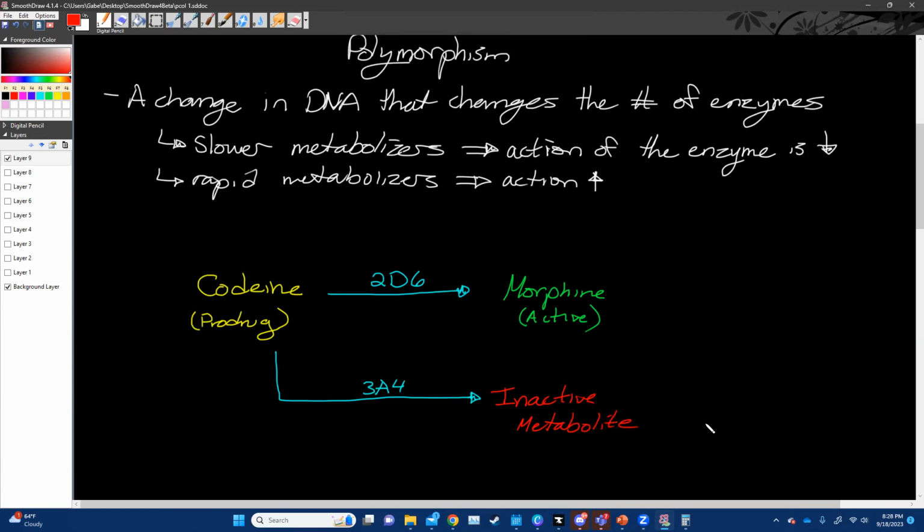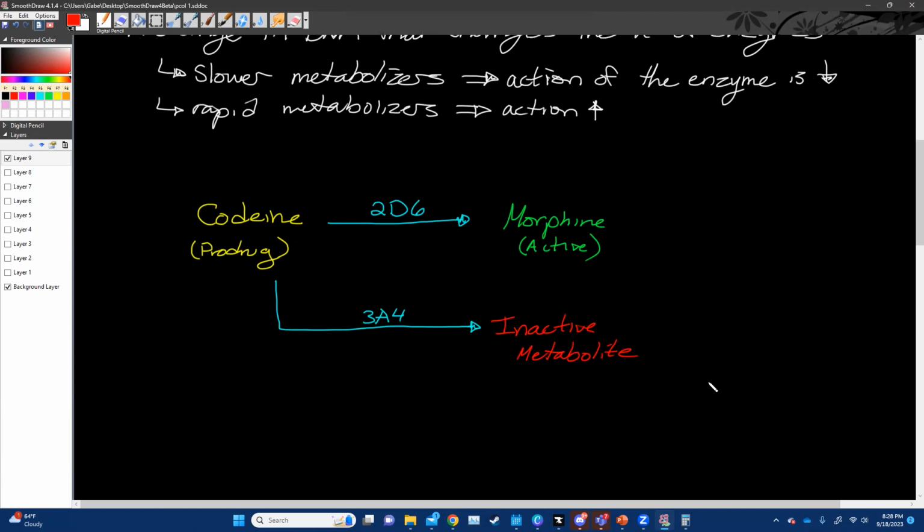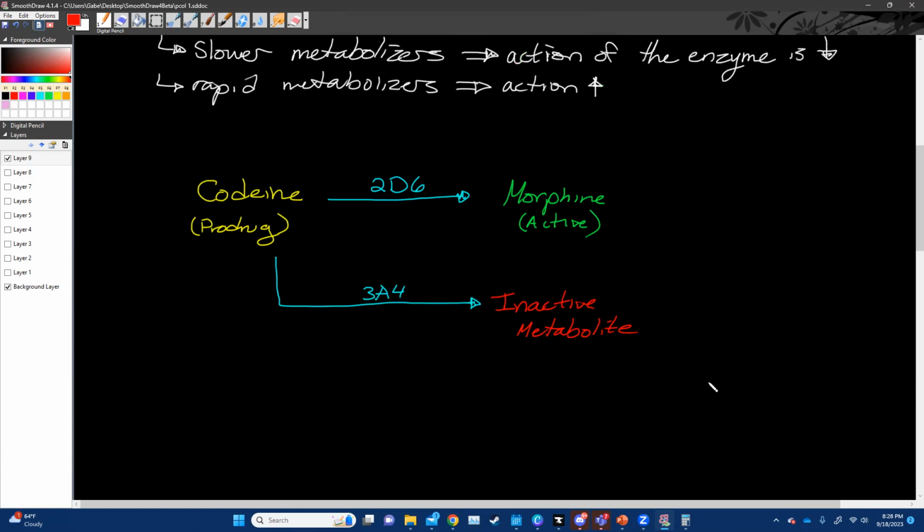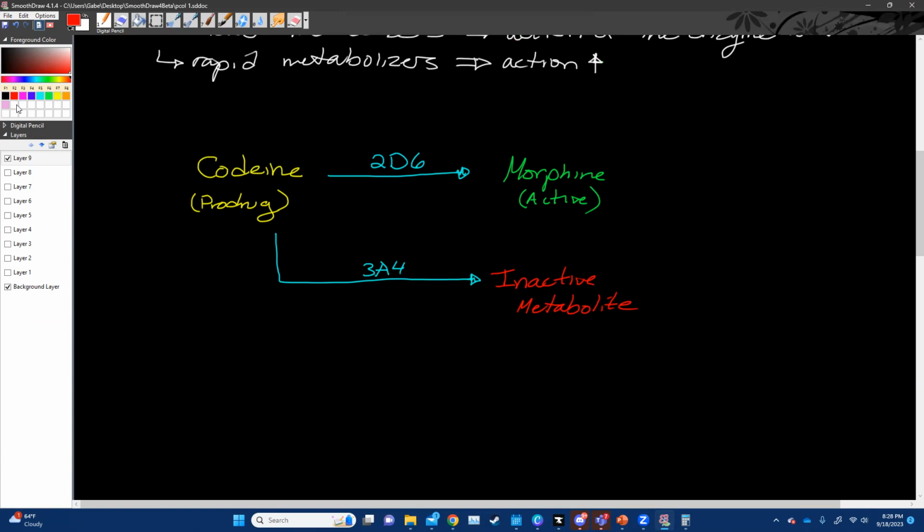Is everyone with me so far? Any questions about this? Okay. In a normal person, they convert codeine to morphine at about a ratio of 10%.